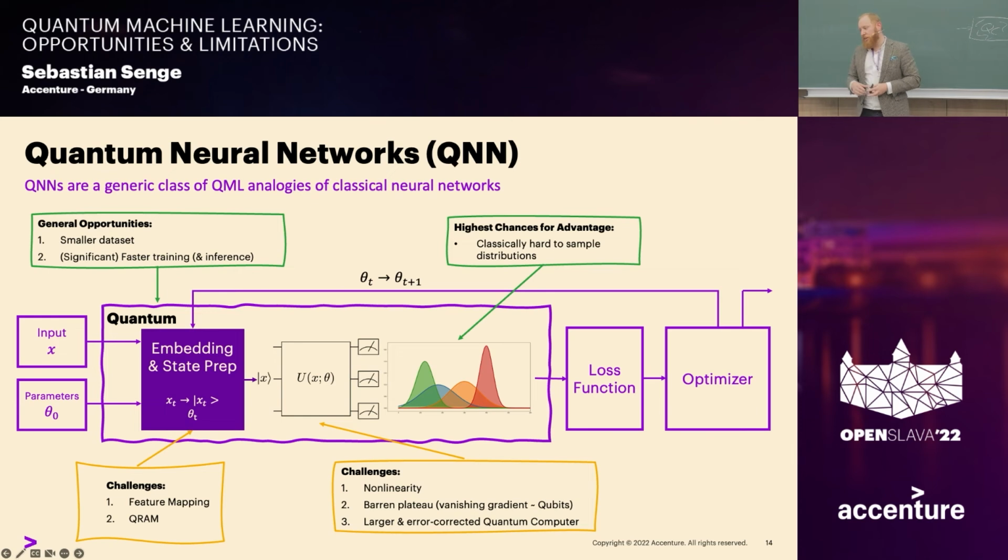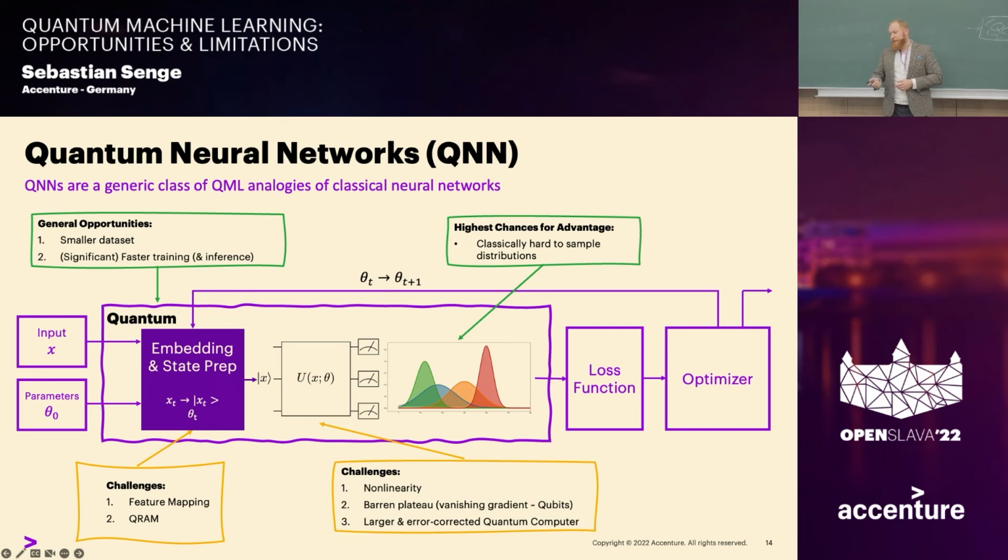So we're not talking about a deterministic output, but about some distributions over the output of the qubits, basically in very simple terms. And then you have the loss function and optimizer, and then you change your parameters and start your learning iteration again. So typically in classical terms, you call it an iteration, epoch, whatever, right? A lot of terms about that.